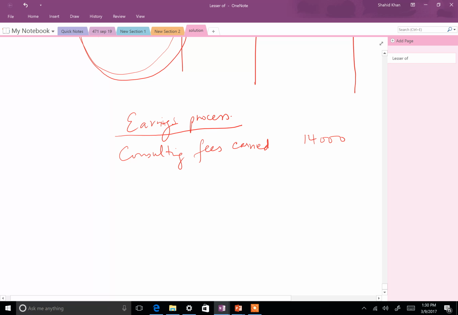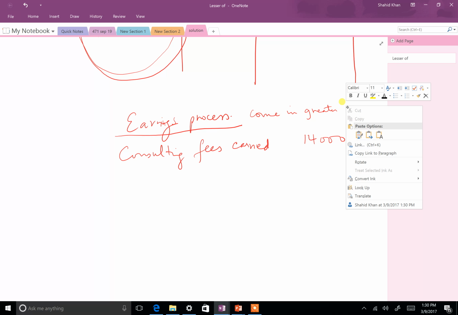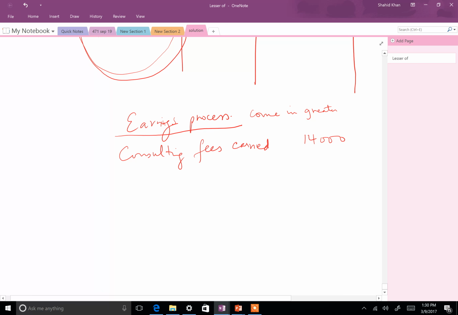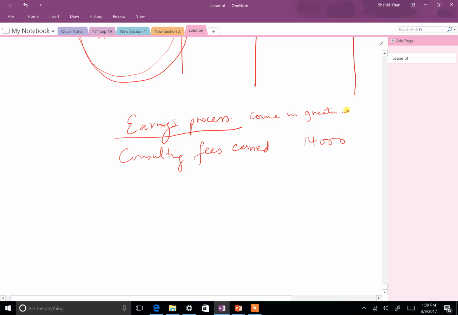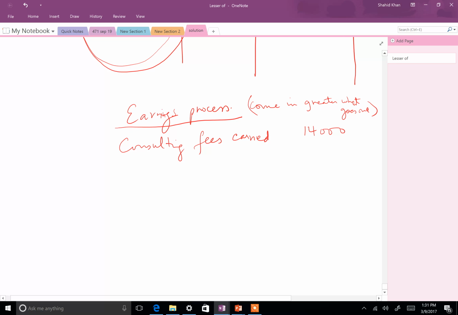Remember the idea behind the earnings process: the money that comes in should be greater than what goes out. Sorry for the bad writing, but that's the idea.